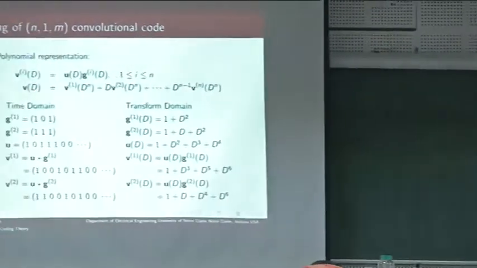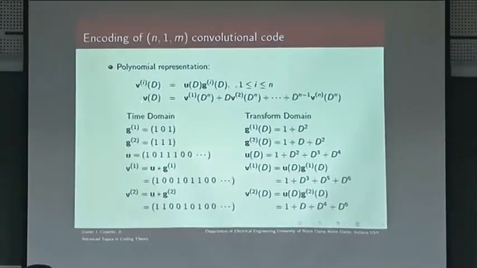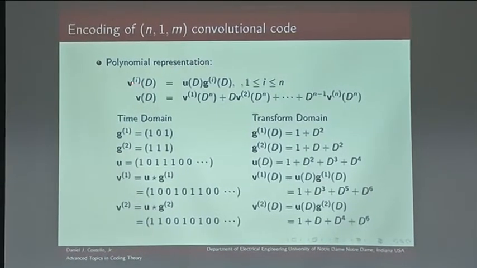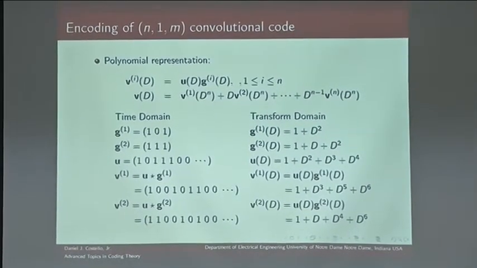Oh, I was going to mention this. This is just another way of writing. Here we have the n different output sequences. If you want to write them in polynomial form, all as one sequence, the same way we did with the time domain vector when we interleave these two things together, you can do it this way.